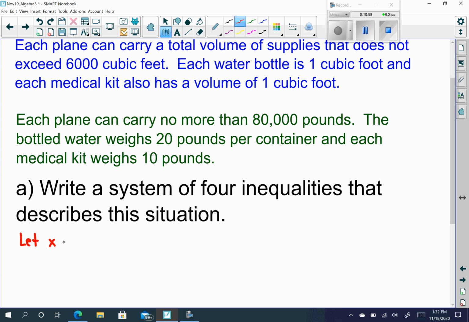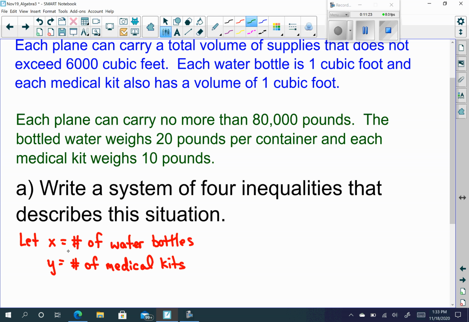So I'm going to let x equal the number of water bottles, and I'm going to let y equal the number of medical kits.